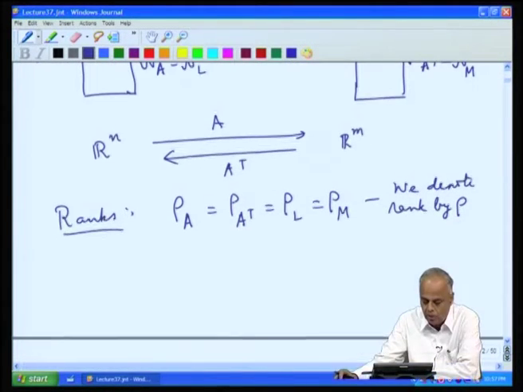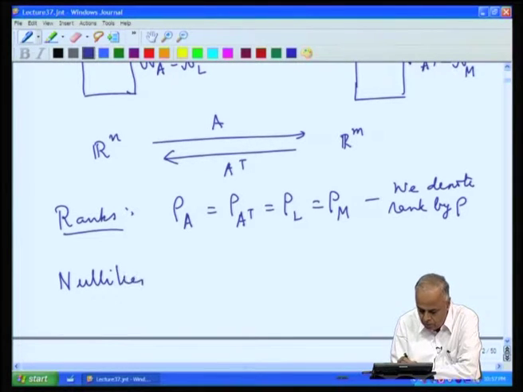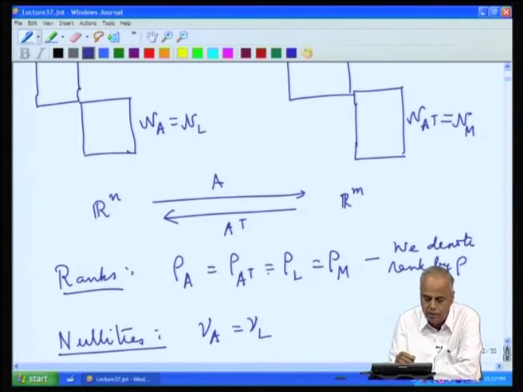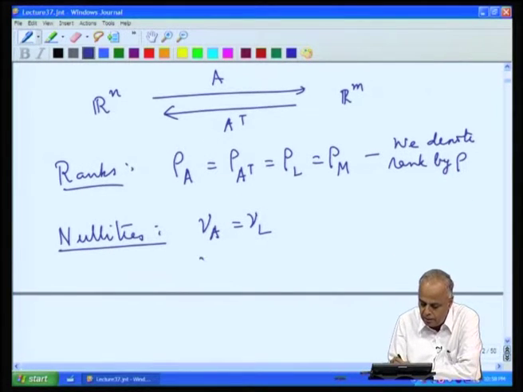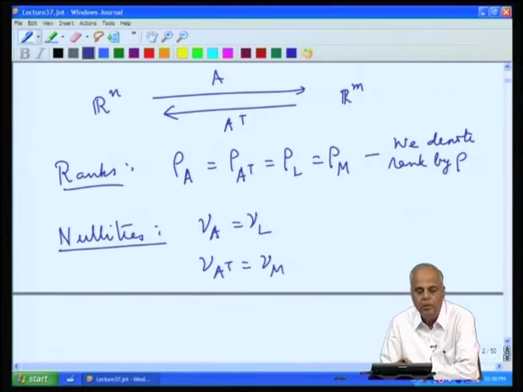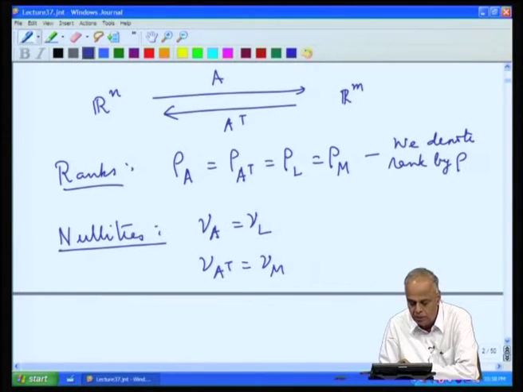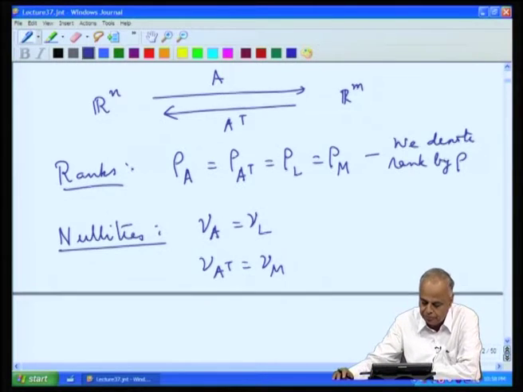The nullities were related as the nullity of A is the same as the nullity of L, because the null space of A is the same as the null space of L, and the nullity of A transpose is the same as the nullity of M, because the null space of A transpose is the same as the null space of M.